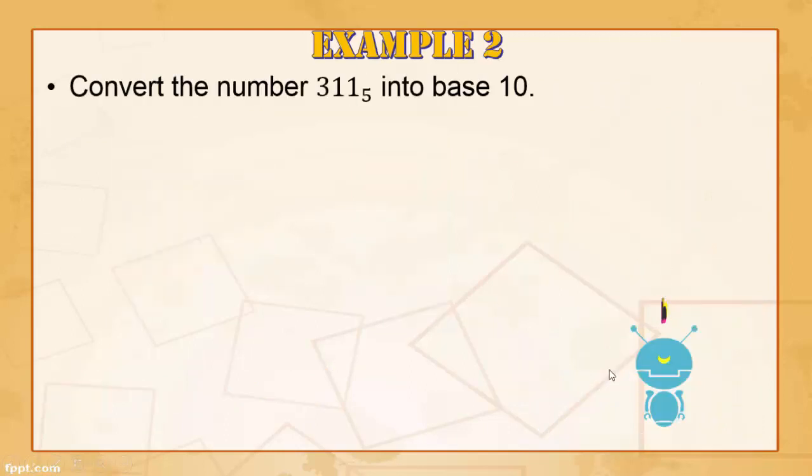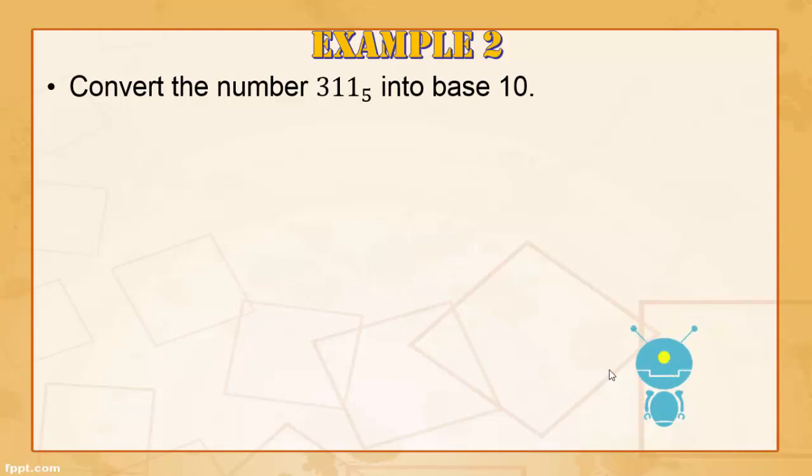In example number 2, we're asked to convert the number 311 base 5 into our base 10 system. So I'm first going to show how one does it using blocks, and then I'm going to show how one does it using the table.